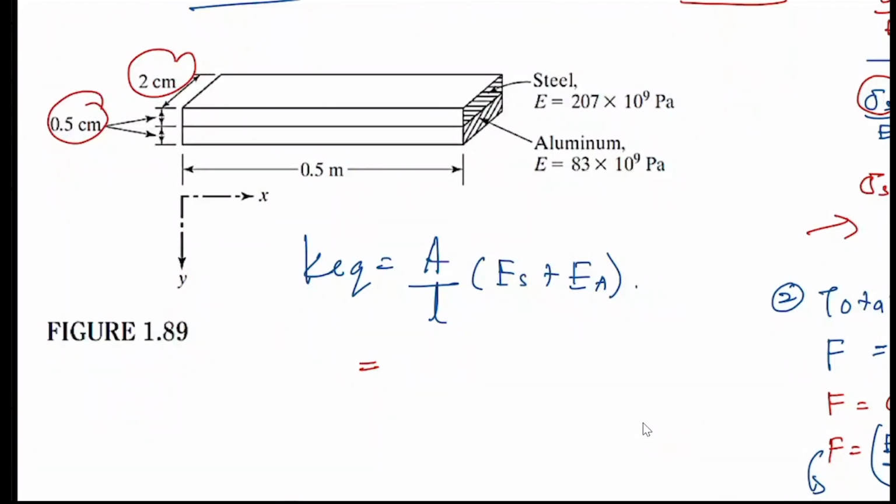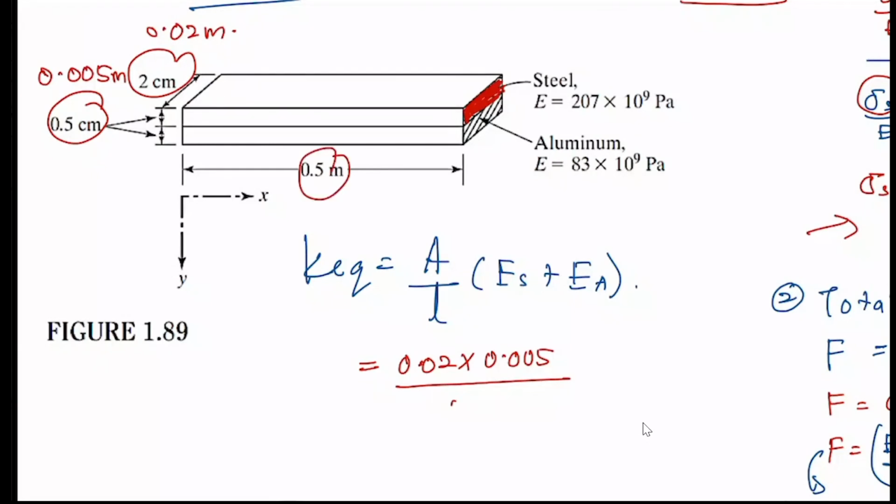So 2 cm will be 0.02 meter, 0.5 cm equals 0.005 meter, right? Only then you can find the cross-sectional area. So basically 0.02 meter times 0.005 meter, that's the cross-sectional area, right? Divided by the length, which is 0.5.